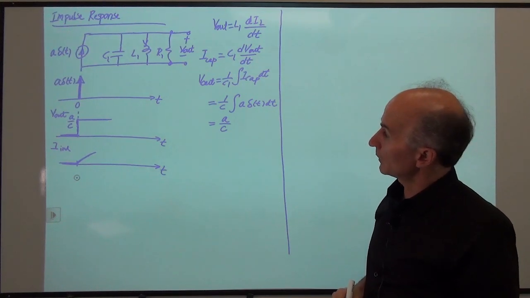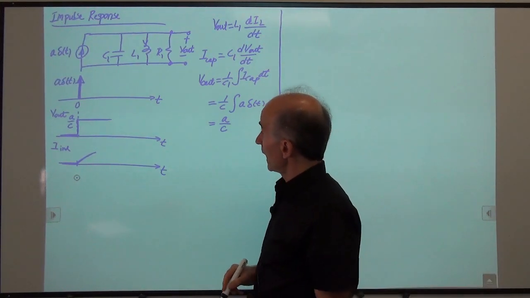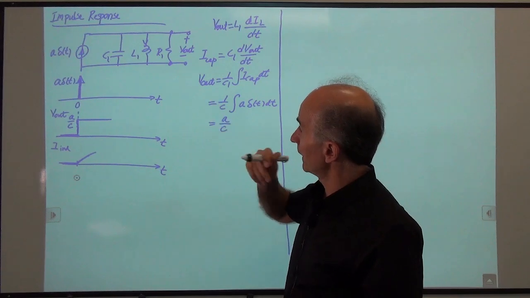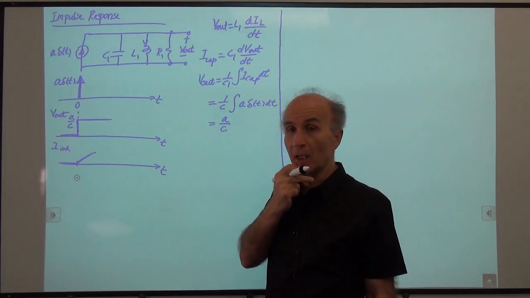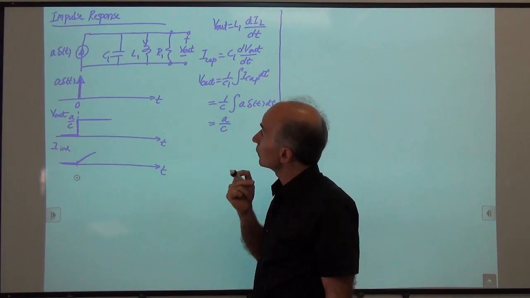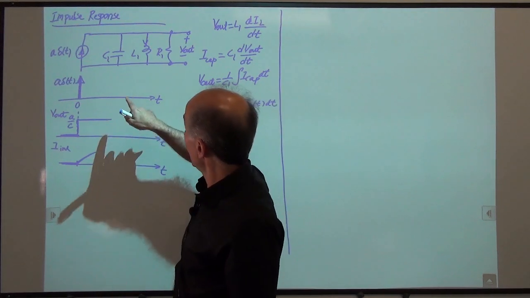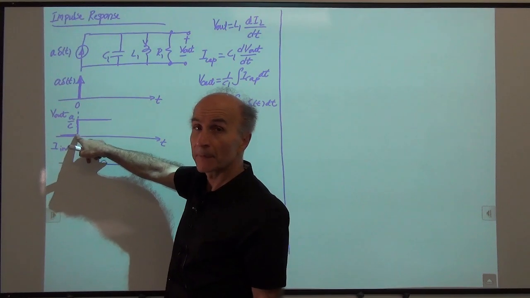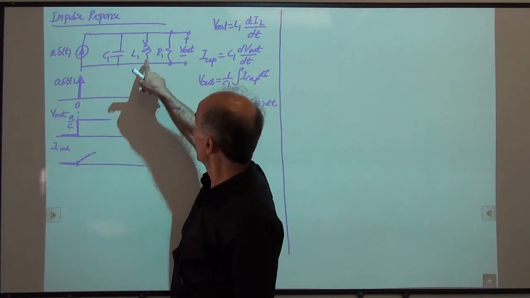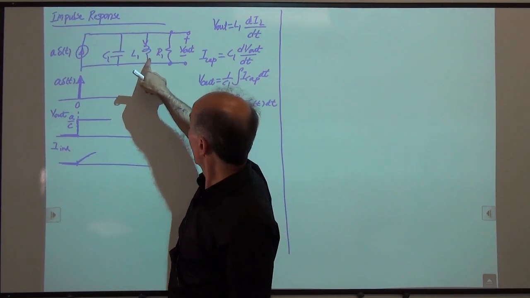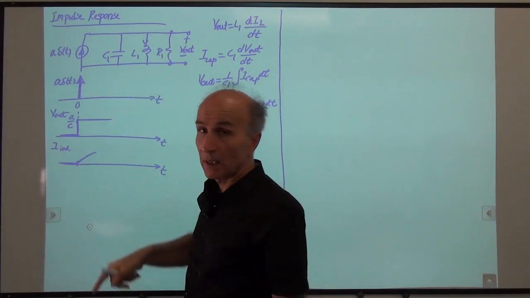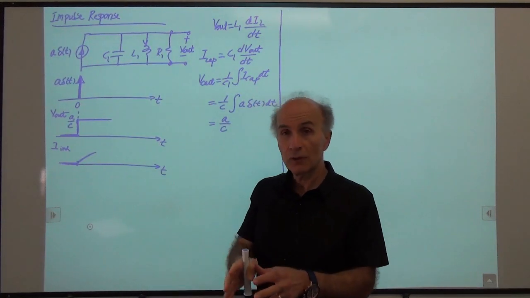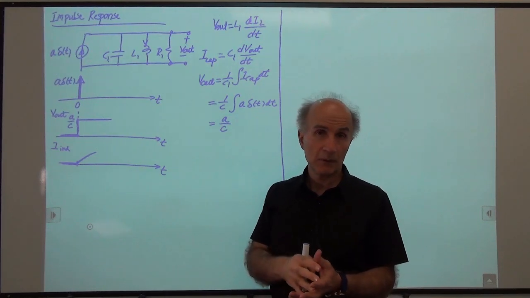Okay, so we have this situation, and now that we look at the circuit after 0 plus, we see something interesting, right? At the 0 plus, we see that the circuit has some voltage on the capacitor, right? Some charge on the capacitor, no current in the inductor, and this circuit actually looks like the undriven RLC circuit we studied before.